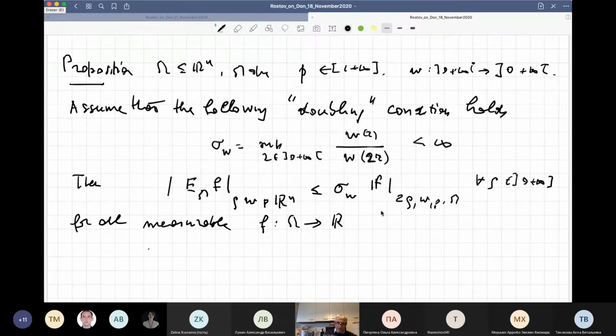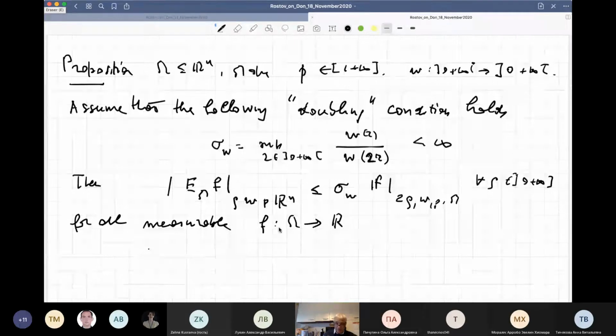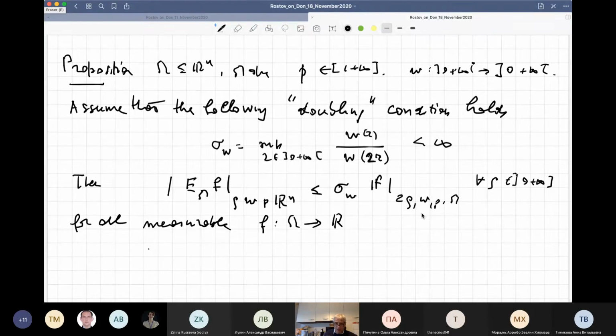It may be that the L^p norm of F on omega intersection ball is plus infinity, for example. In this case, what happens is the right-hand side becomes plus infinity, of course. If the right-hand side is plus infinity, no matter what you write in the left-hand side, that's going to be true, because all numbers are less or equal than plus infinity.